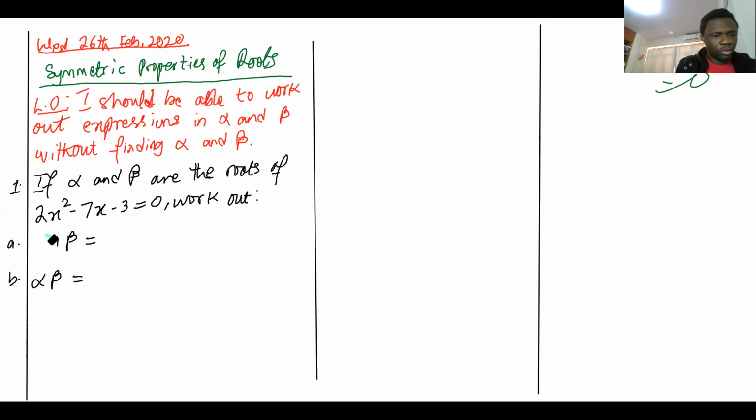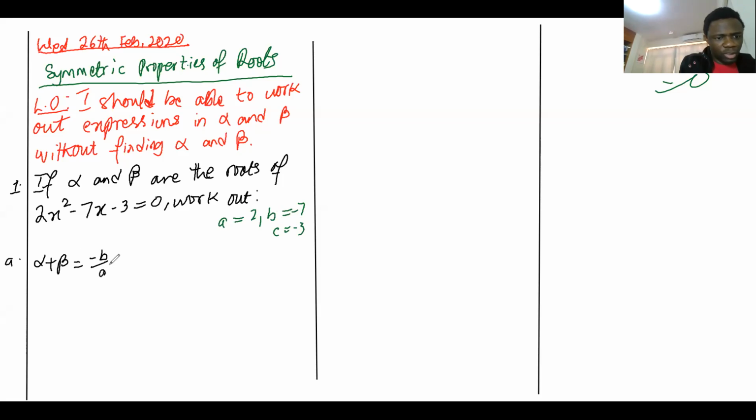But before you say that, identify your a, b, and c to be on the safer side. Okay, so a is 2, b is negative 7, c is negative 3. And it will make sense to write alpha plus beta for any equation is negative b over a.